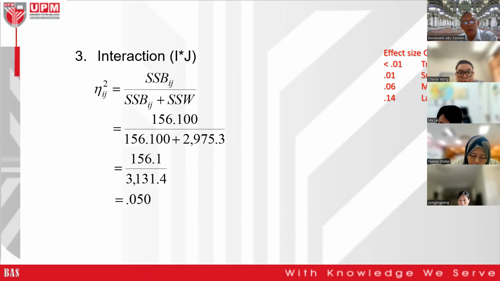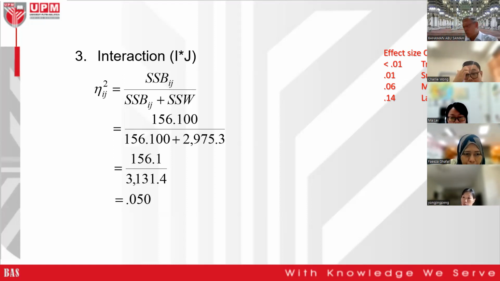In terms of size, 0.050 is in between 0.01 and 0.06, right? So it doesn't reach 0.06. What can we say in terms of size? Is it trivial? Is it small? Is it medium? Or is it large? Small. Yeah, it's still considered small.